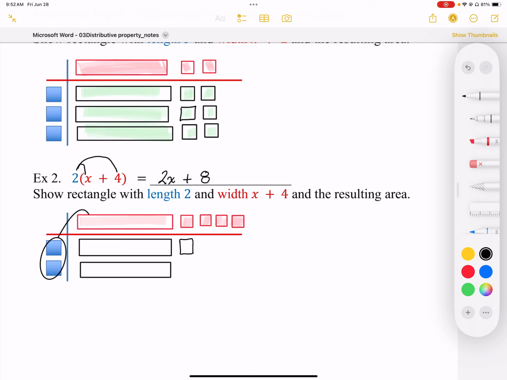And then I'm going to end up with the 8 ones over here when I distribute the 2 times 4. 1, 2, 3, 4, 5, 6, 7, and 8 ones here. Okay, so that's going to be when we distribute onto the ones here. So 2 times 4 is going to give us 8 ones. And again, we'll just shade these in to show that they are all positive.